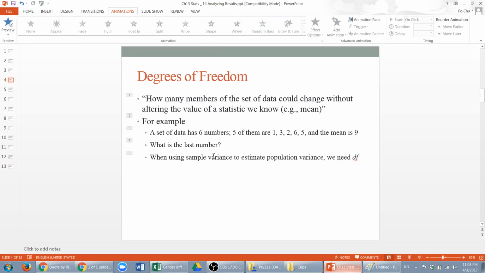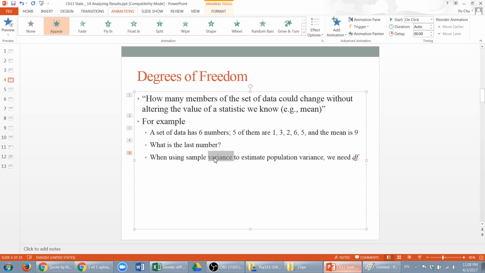When we use a sample variance and we want to estimate population variance, we need degrees of freedom. Now, what is the variance? Remember standard deviation. Variance, let me just say, is how spread out the data or the population is.